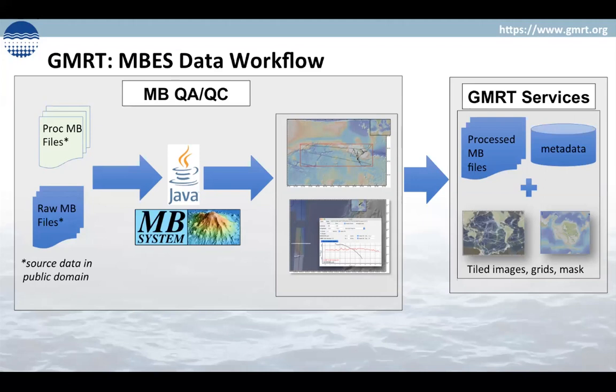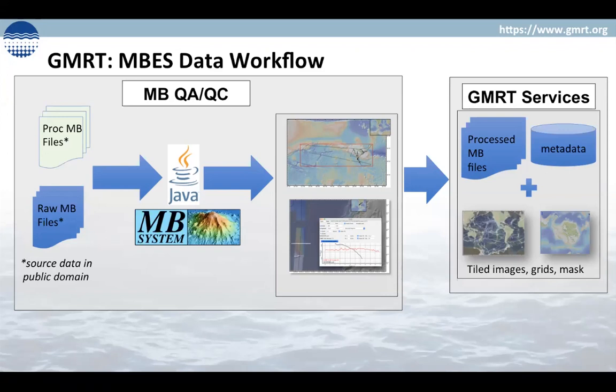Since we can read basically any format that MB System can read, if someone, including ourselves, processes data with something like Caris or CHIMERA, we can read files that those software packages export and push them through our same pipeline, create the tiles, and look at the data in the context of other GMRT data, which is very helpful. I'll show you some examples of that in a minute.